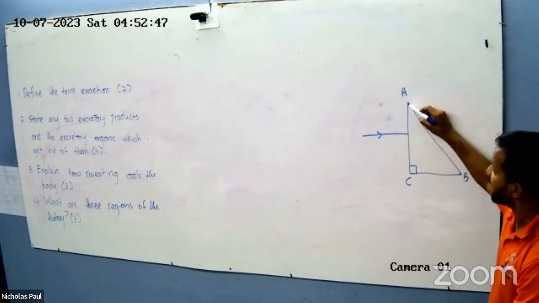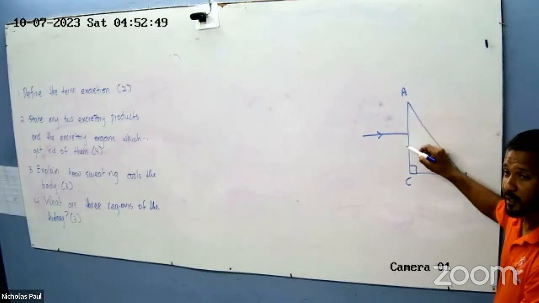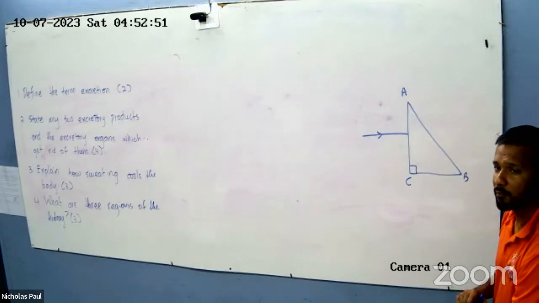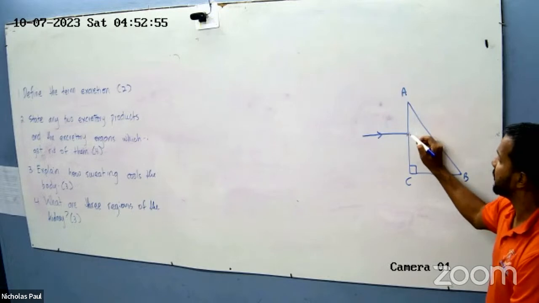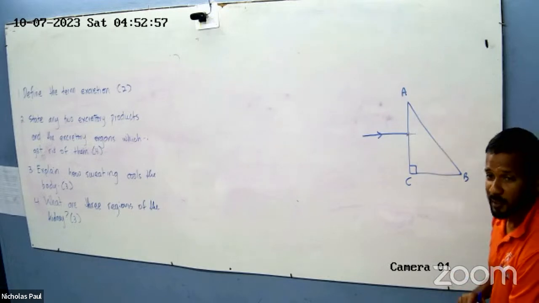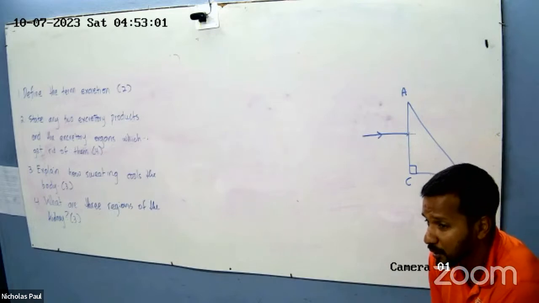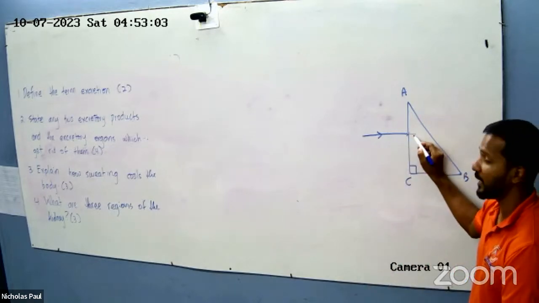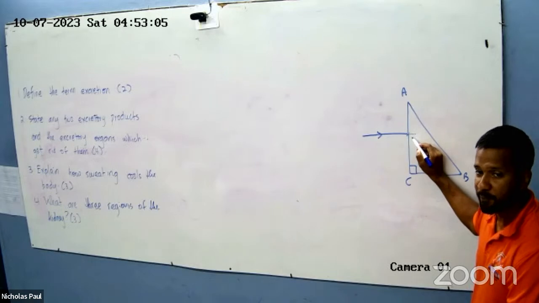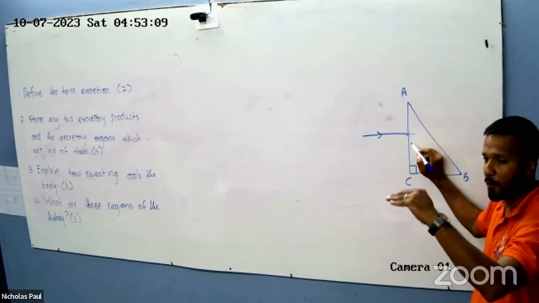When the ray hits the surface, where is the normal? The normal is right here, so technically the ray is traveling along the normal. What does that mean? It means that nothing will happen to the ray. It will continue along that path.